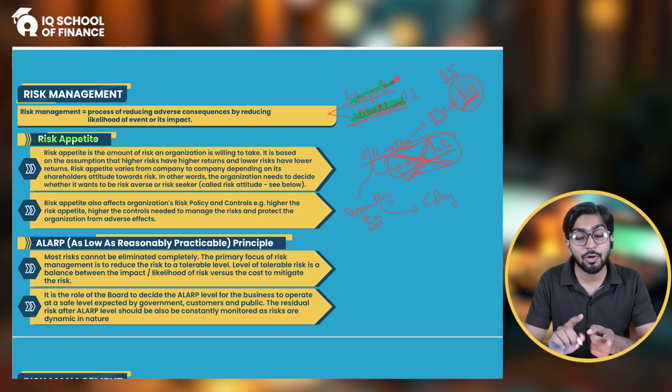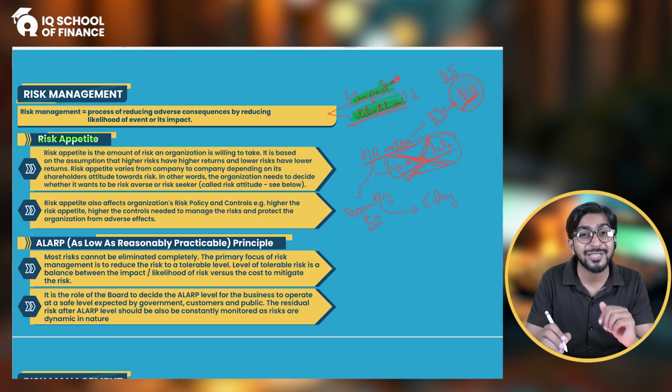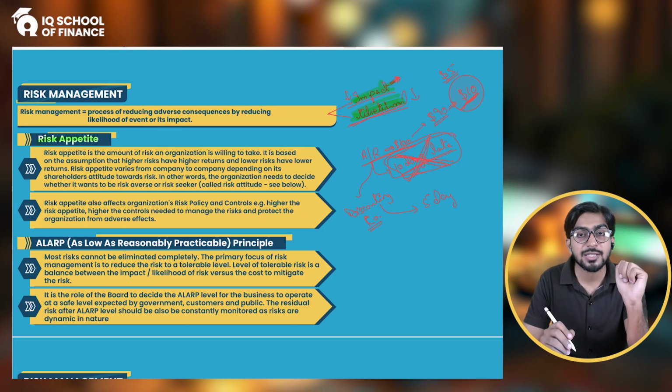On the other hand, if there is a person who has a high risk appetite, that person would be spending a little amount of money or resources in reducing the impact or likelihood, because that person is ready to take the risk. Now the question comes: which person is better? Which approach is better? What should we do?